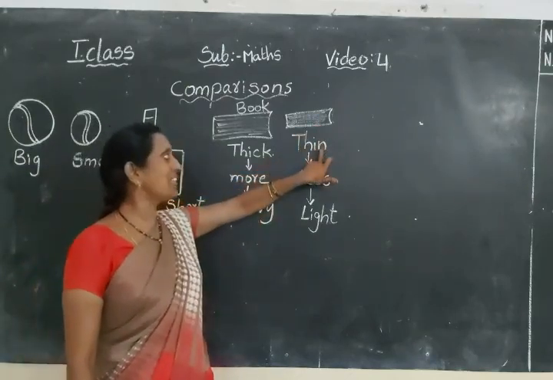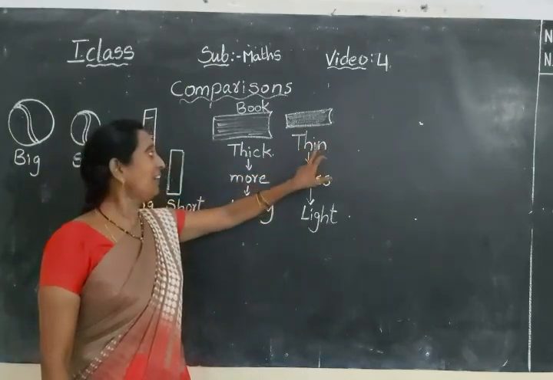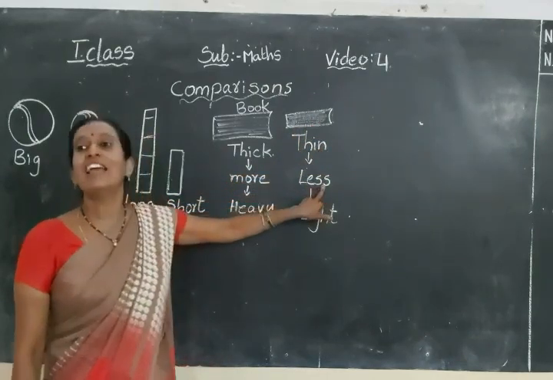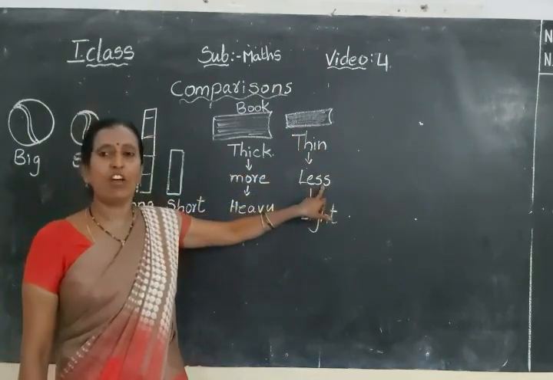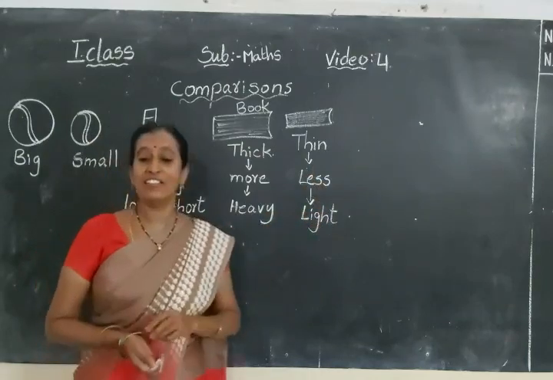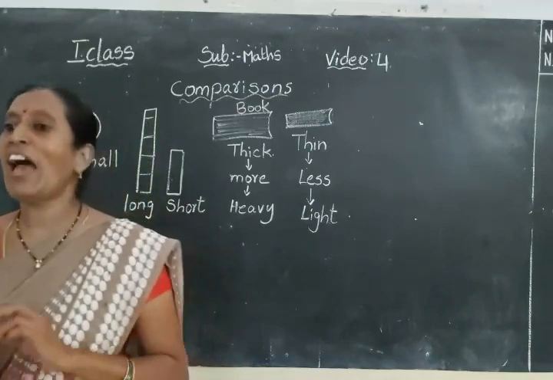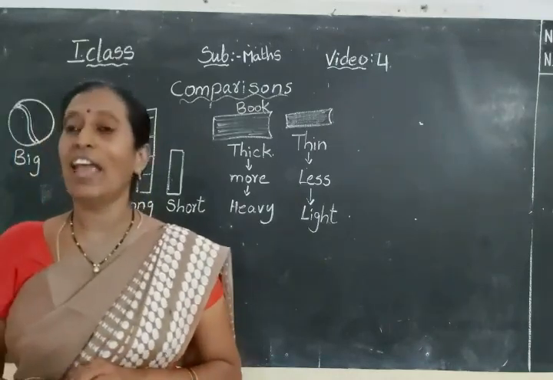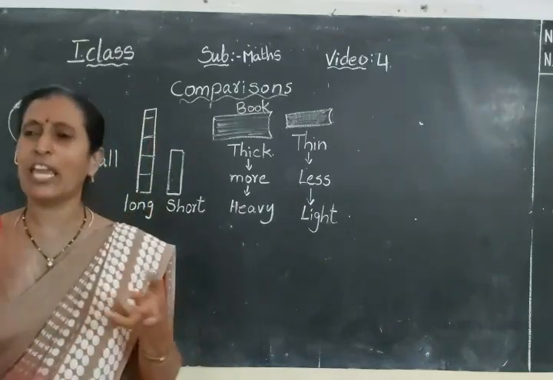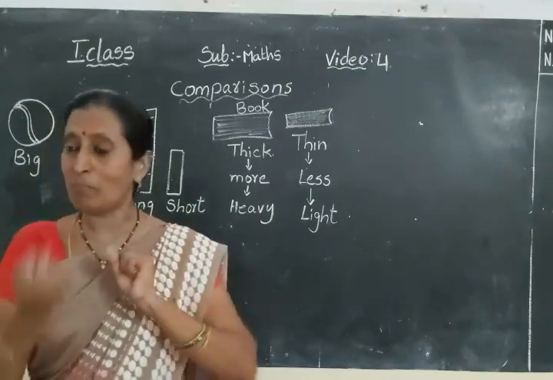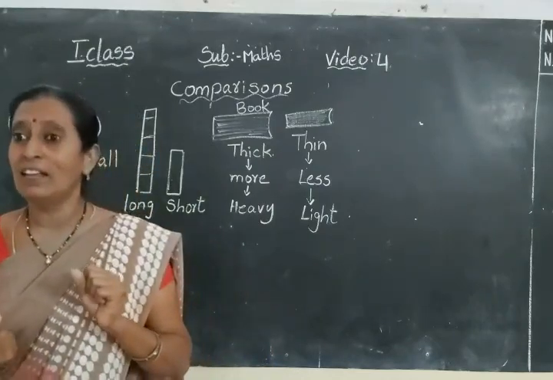And this book is thin, because this book has less pages. So it is lightweight. See children, I'll give one more example for you. You have a school bag, no? In the school bag you keep more books. Then you lift that bag. It will be very heavy.